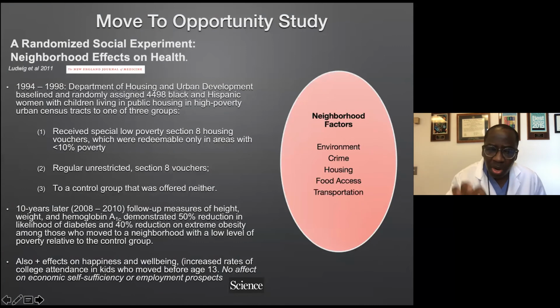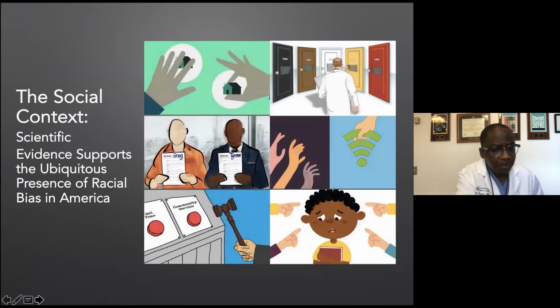However, with regard to the economic context, there was no effect on economic self-sufficiency or employment prospects. So there are still other domains of structural racism that are applicable. But as far as health was concerned, we saw really dramatic results from this study.